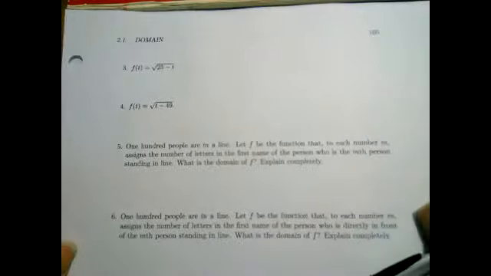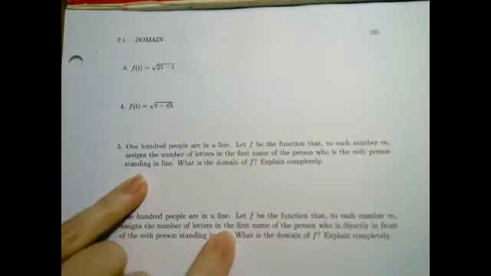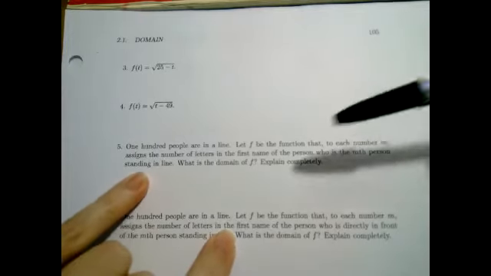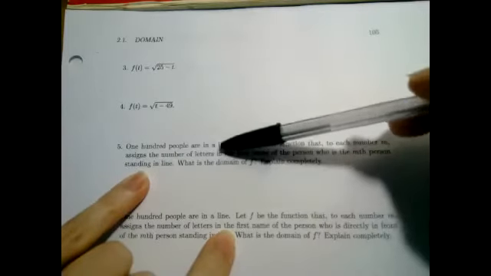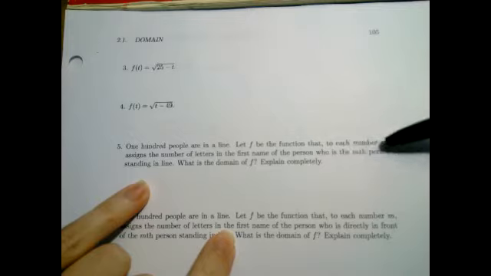Okay, so let's see what this is about. 100 people are in a line. Let f be the function that assigns to each number m the number of letters in the first name of the person who is the mth person standing in line.